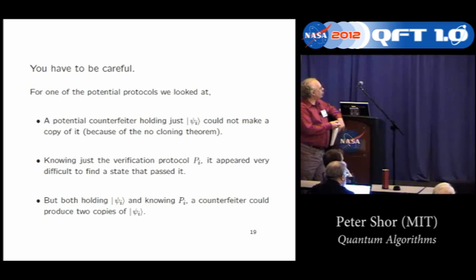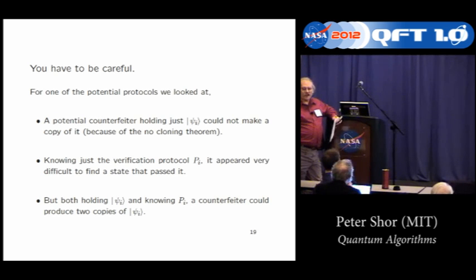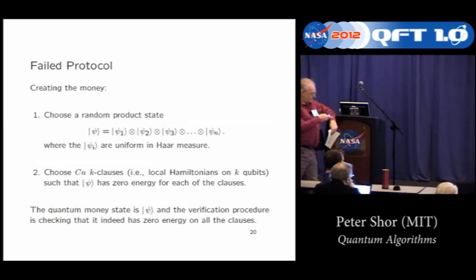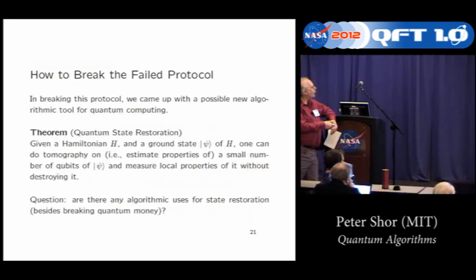If you know just the verification procedure p sub I, it appeared very difficult to make a copy of it, because if you just had the verification procedure, this was an instance of a problem of random KSAT, or rather random quantum KSAT, which is believed to be a hard problem, and it looked like you could make this money so that this random quantum KSAT was in one of the hard regions of KSAT. But it turned out that both holding psi sub I and knowing p sub I, you could produce 2 copies of psi sub I.